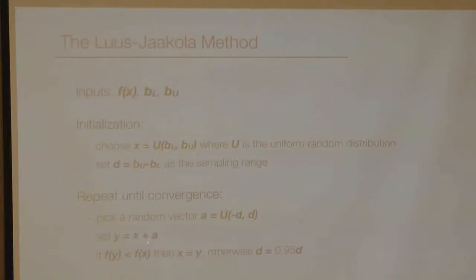Okay? So here we have generated a new box, and then comes a decision. If the new point is better, because we are minimizing, it has a smaller objective value, then we set the new center to be equal to this point. However, if the new point is worse, then we decrease the width of the box itself. Okay? And we keep iterating.